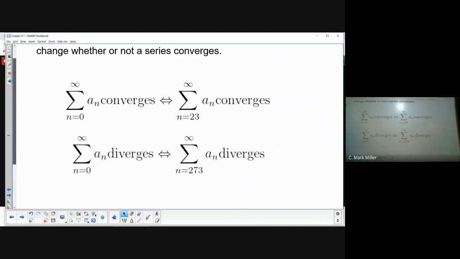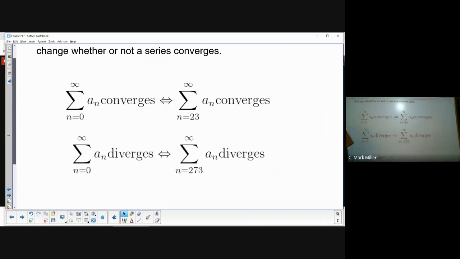The same thing happens if this sum diverges. If I start at the 273rd term and add up from there on, that will still diverge. The first 273 terms are some finite number. If all of them grow infinite, and I subtract off 273 terms, it's still going to be infinite.